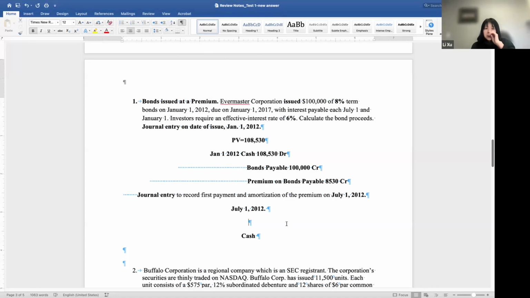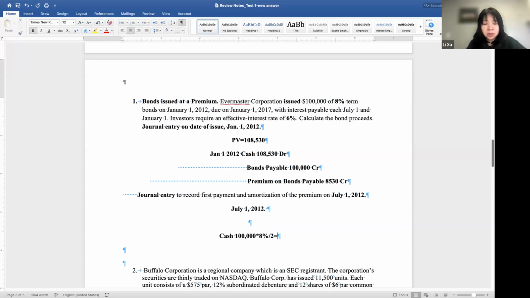Okay, so next one, cash. We figure out what the cash interest is. Here, you don't need to calculate it by yourself, and you don't need an amortization table. We can just do this: your face value multiplied by 8%, divided by 2, because it's twice per year.